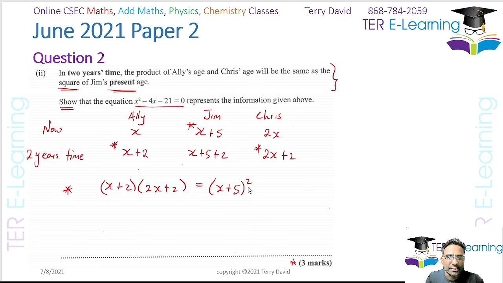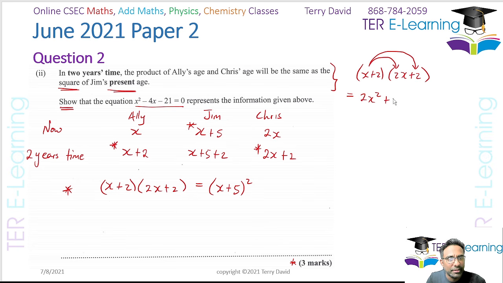Now, let's see. Now I'm going to do this in parts. So let's come across here. First thing I'm going to multiply is x plus 2 multiplied by 2x plus 2. Right? That's what I'm going to do first. So when you have to multiply a bracket like this, what we need to do, we need to take the first term and multiply by the first term here. So x by 2x is going to give me 2x squared. Then I'm going to take this x and I'm going to multiply by this.